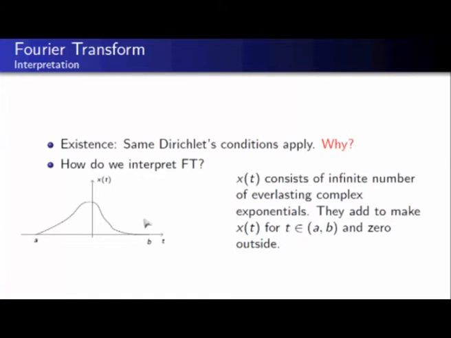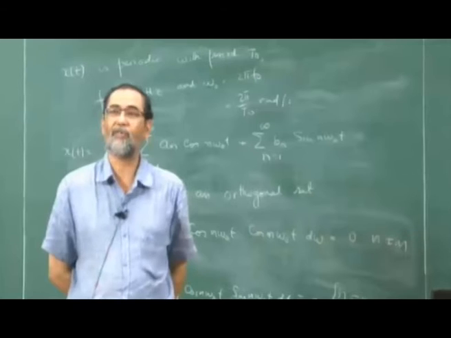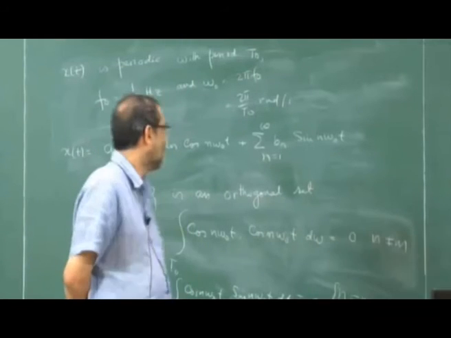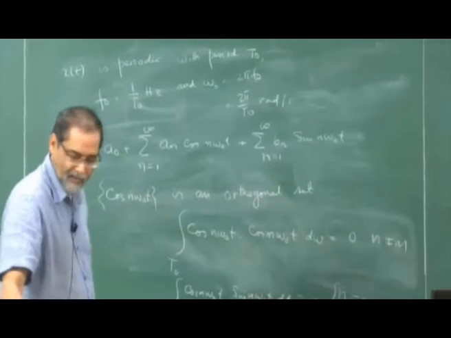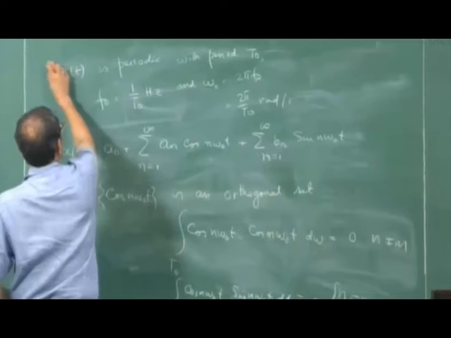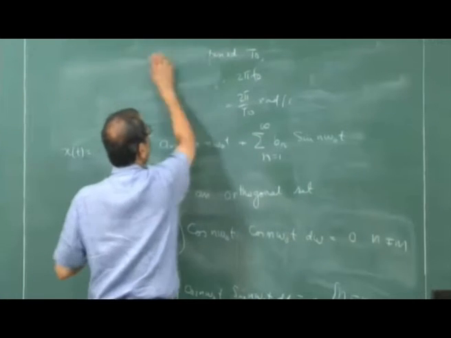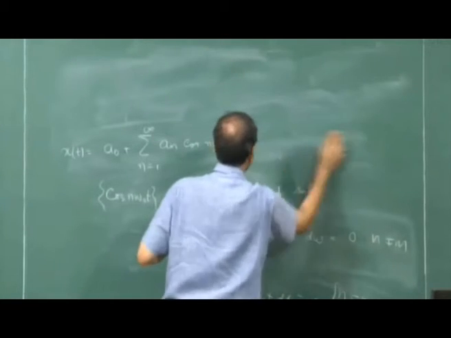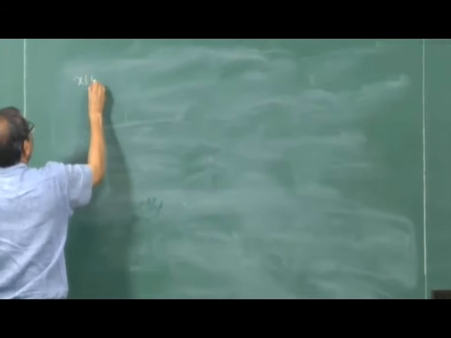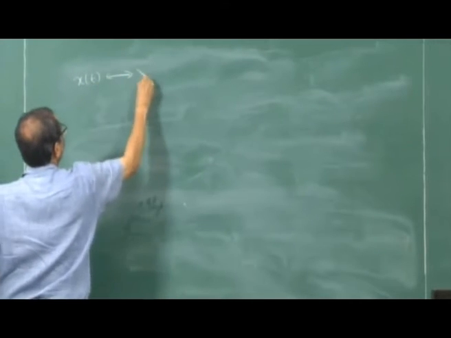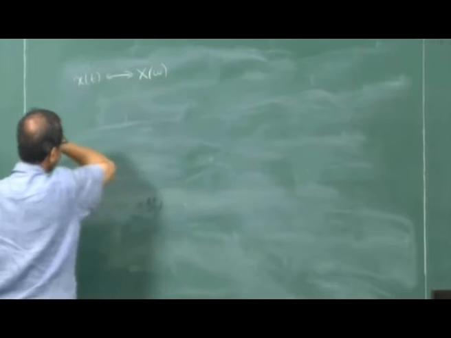So what is the interpretation? This was the question. Somebody asked, but not in the way of interpretation; they asked what the applications are. And here I'm asking, what is the interpretation of the Fourier transform? Let me erase this Fourier series and come back to the Fourier transform. Write those two equations. I have x of t to which the Fourier transform exists, meaning Dirichlet conditions are satisfied.